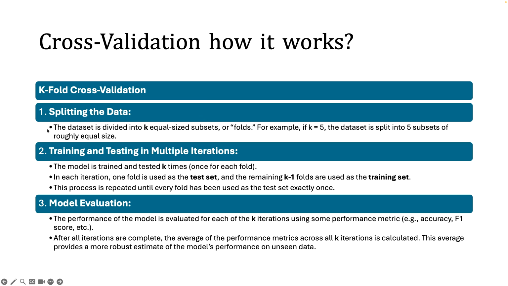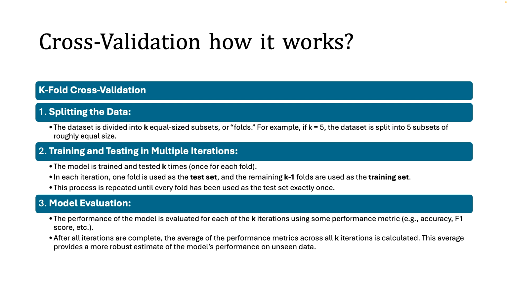As I said before, we split into k folds, for example 5 folds. In each iteration, one fold is used as a test set, and the remaining k-1 folds are used as the training set. This process is repeated until we finish all the folds during our training.